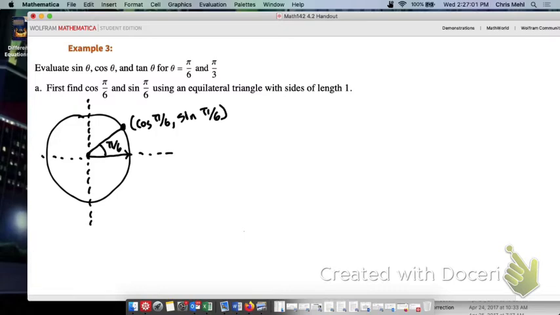Okay, now it's kind of hard to see, so let me actually make some room inside this thing right here. Let me relabel this as theta, and what I'm going to do is drop a perpendicular from that point down to the x-axis to create a right triangle. Now, I'm going to extract this triangle out of the picture.